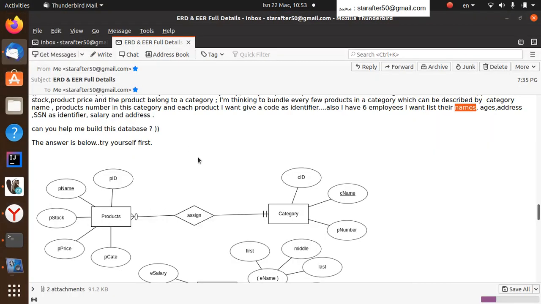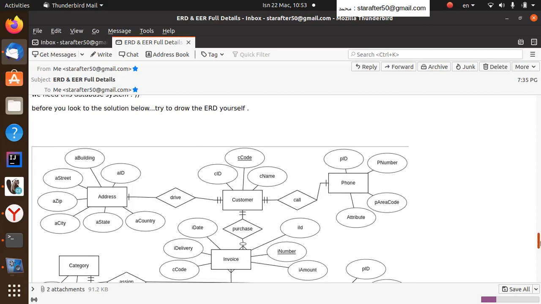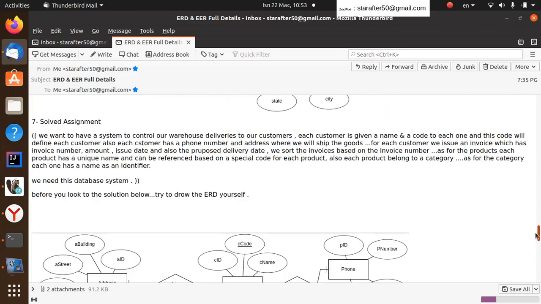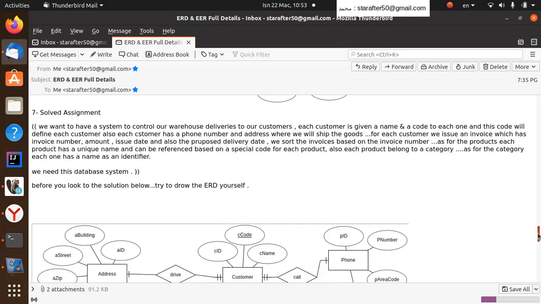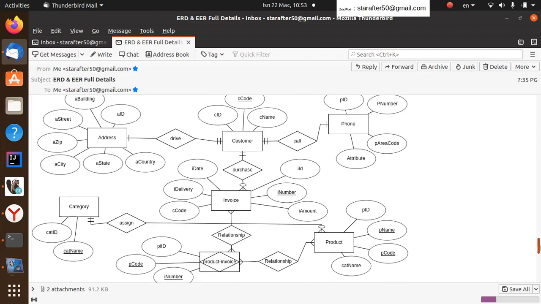Okay, this is all about the ERD. There is another thing which is, as I have said, you can build whichever complex ERDs. Suppose this is another customer, and while he was talking, you are building an ERD. This one is a more complex one. As you can see here, it's a more complex one.